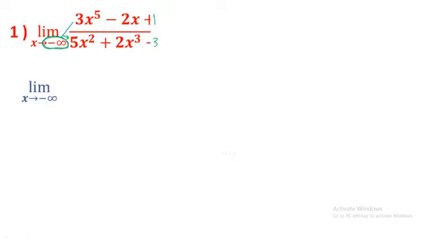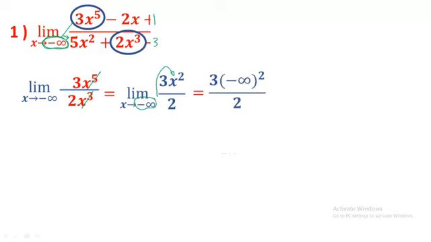The highest power term in the numerator is 3x to the power 5 and in the denominator is 2x cubed, to get the limit as x tends to minus infinity of 3x to the power 5 over 2x cubed. We cancel x to the power 5 and x cubed to get the limit of 3x squared over 2, and we substitute minus infinity instead of x.